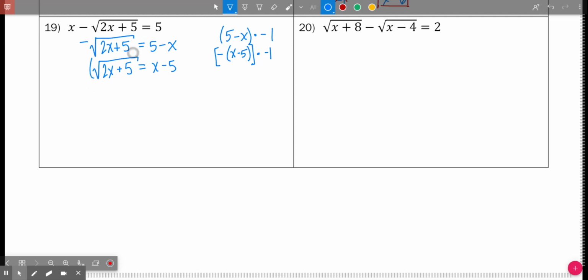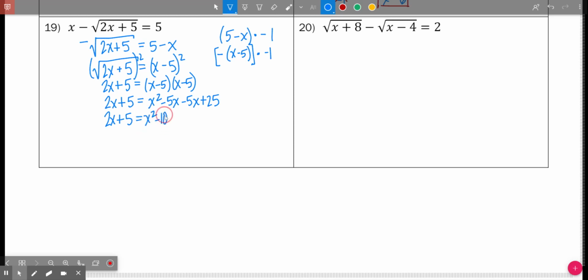So now I'm going to square both sides of my equation. I have 2x plus 5 equals x minus 5 times x minus 5. So this is 2x plus 5 equals x squared minus 5x minus 5x plus 25. I have 2x plus 5 equals x squared minus 10x plus 25.